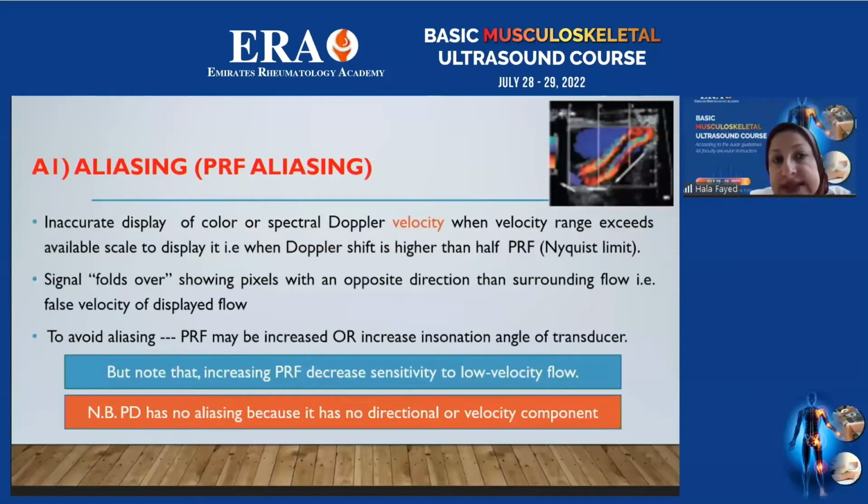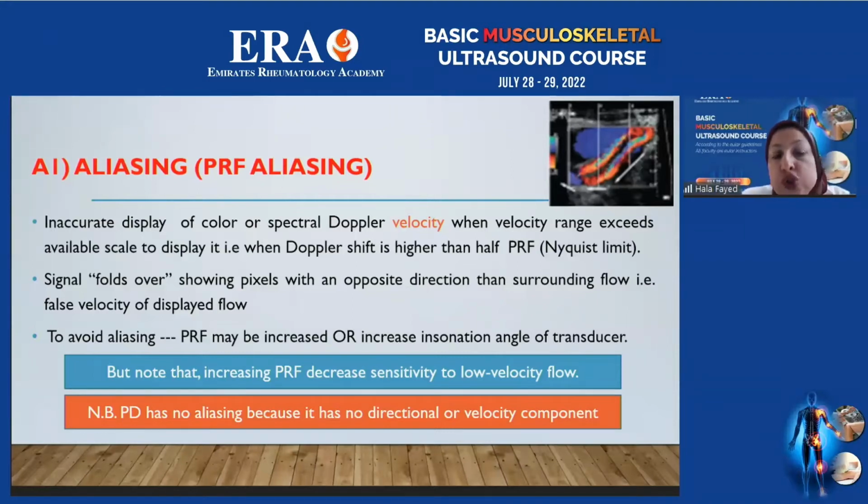So what is aliasing? In other words, it is called PRF aliasing. You find pixels of different colors coming inside the blood vessel. It is an inaccurate display of color or spectral Doppler velocity when the velocity range exceeds the available scale. As we mentioned earlier, if the velocity scale is very high, above what is called the Nyquist limit, we find this Doppler artifact.